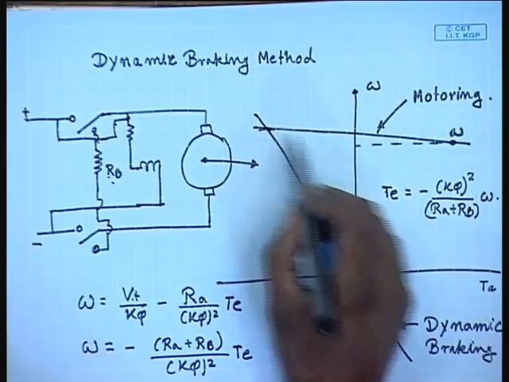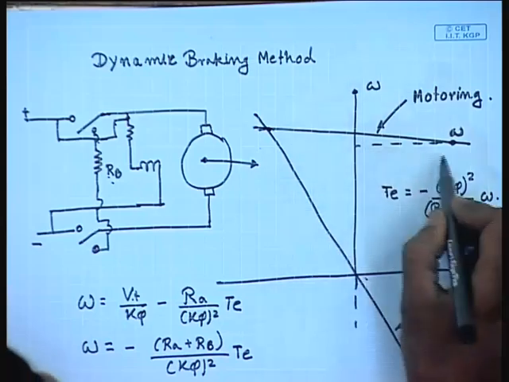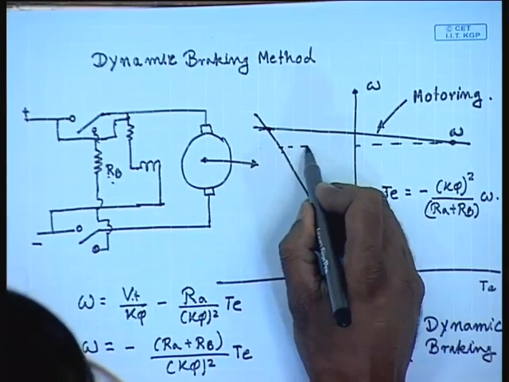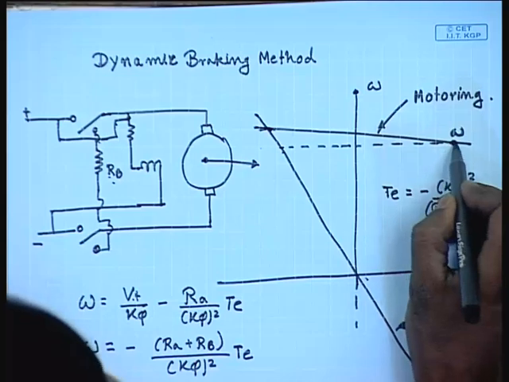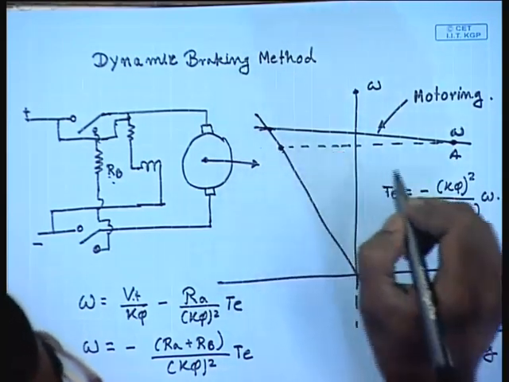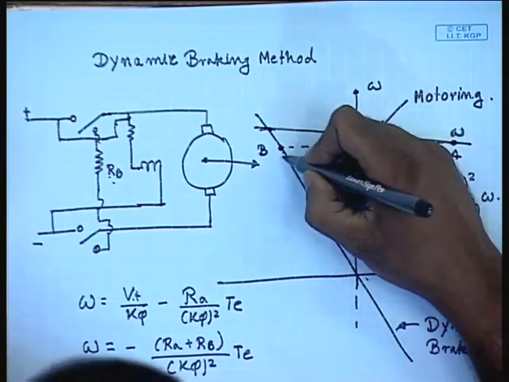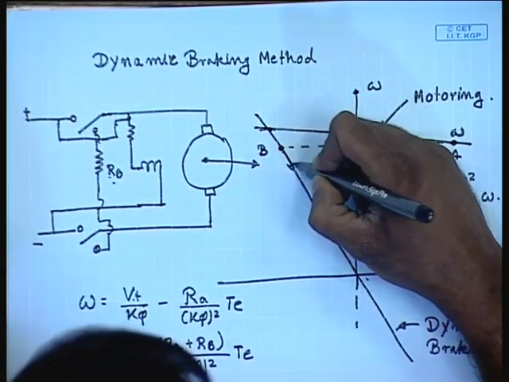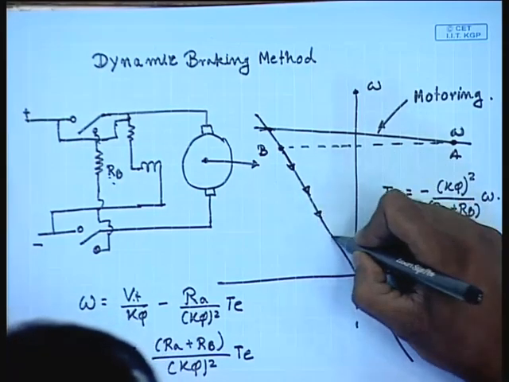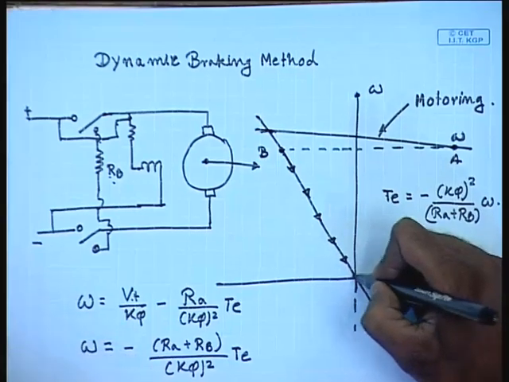So as soon as braking is applied, the operating point shifts from point A to point B, since the speed of the machine cannot change abruptly, and then it follows the braking characteristic and comes to standstill.